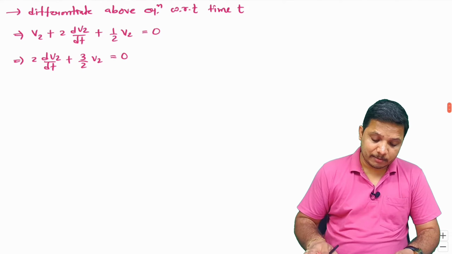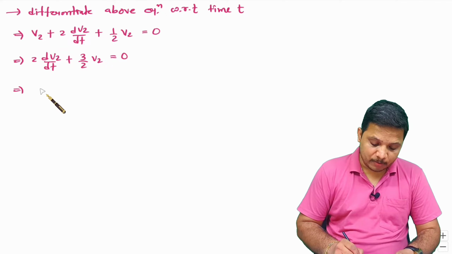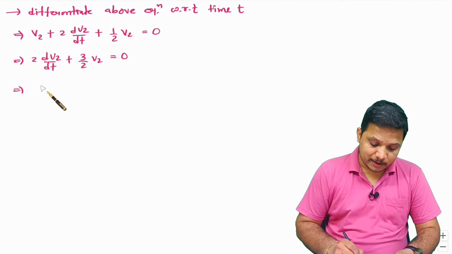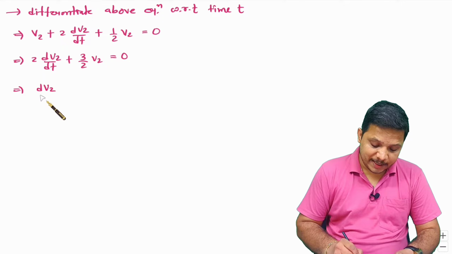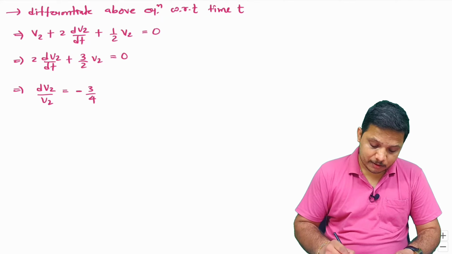Now we are to simplify this equation. So for that, let us take V2 term on one side. So this will be dV2 by V2, that is equals to minus of 3 by 4 dt.